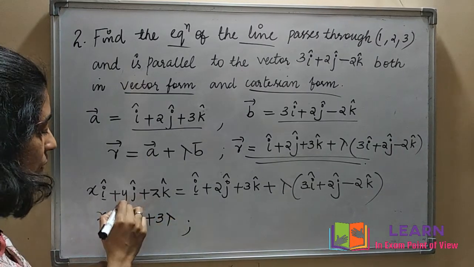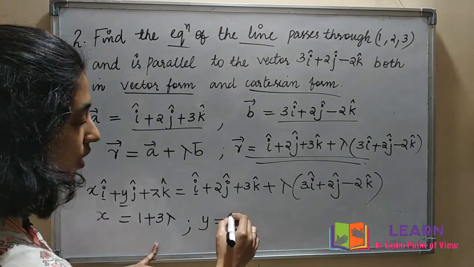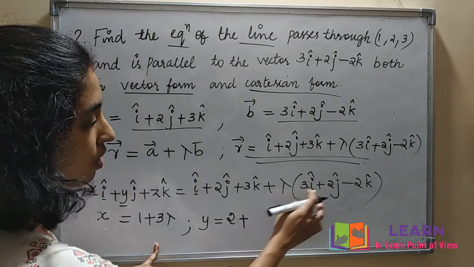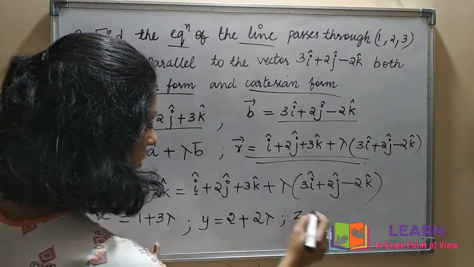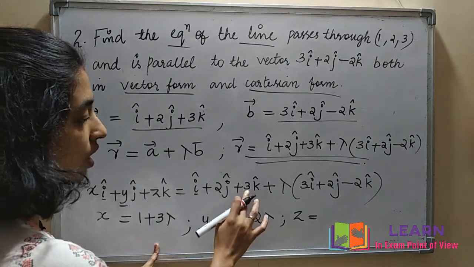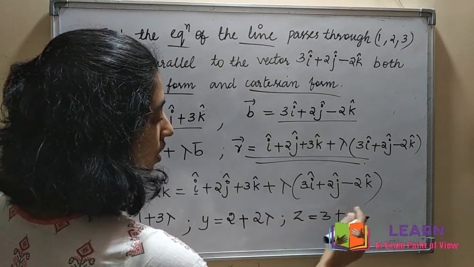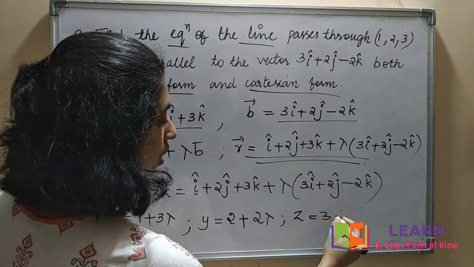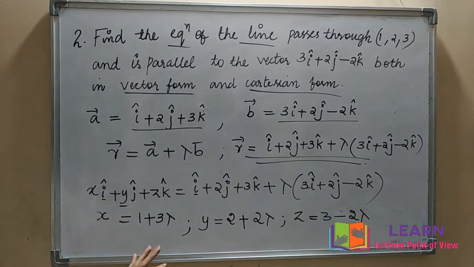Similarly y, the j coefficient. Here it is 2, right? 2 plus 1 more is there, 2 lambda. Then last is z, the k coefficient. Here it is 3 plus, here minus, so 3 minus 2 lambda. Fine. This much it is clear.